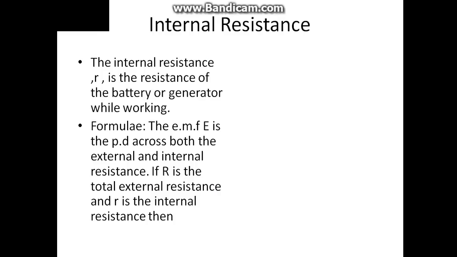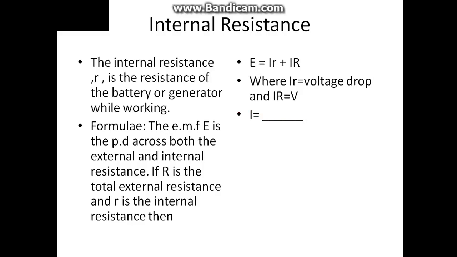If capital R is the total external resistance and small r is the internal resistance, then electromotive force E is equal to IR plus Ir, where IR is the drop and IR is equal to V. I is equal to E all over big R plus small r.